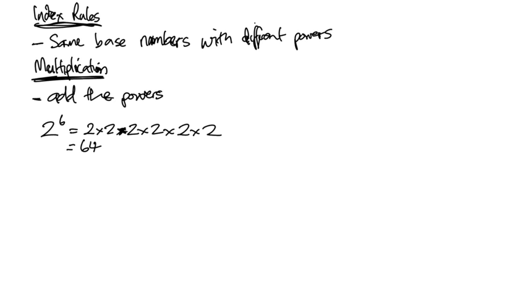The answer to that is 64. And let's say 2 to the power of 3. What is that? 2 times by 2 times by 2, which is 2 times 2, 4 times 2, 8.